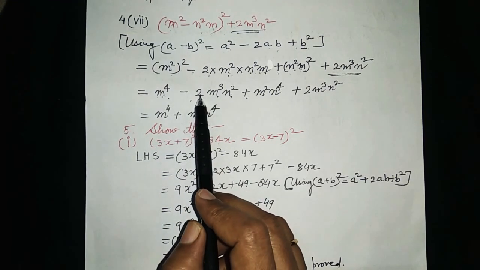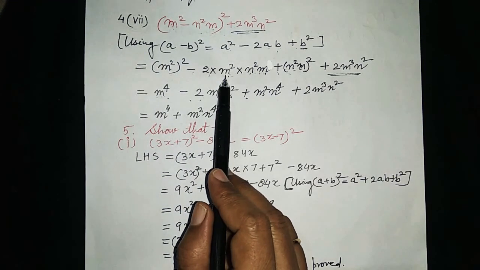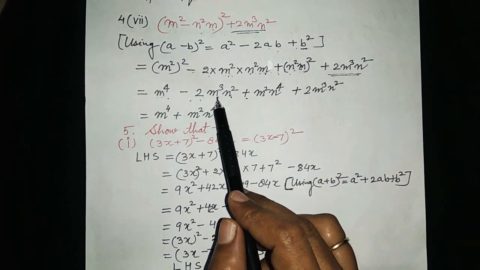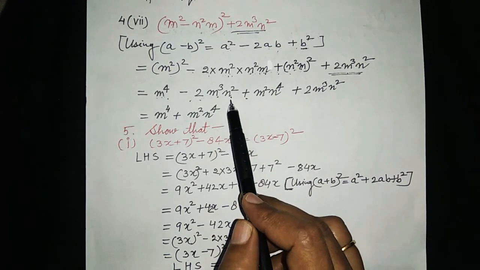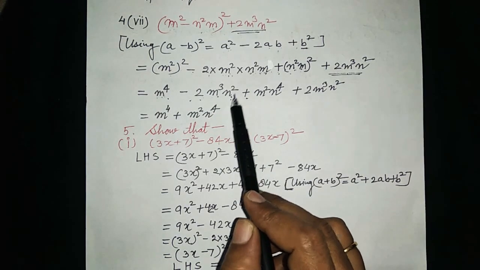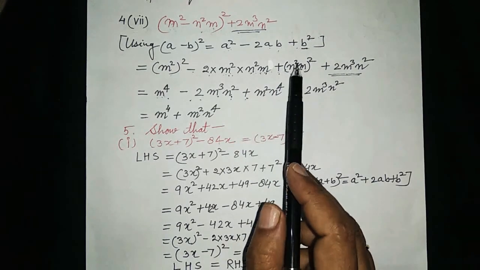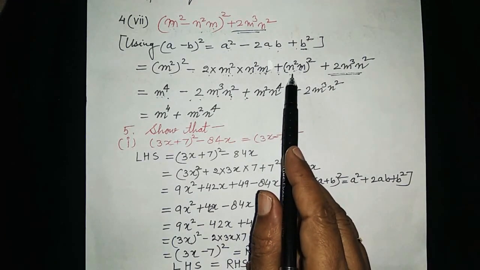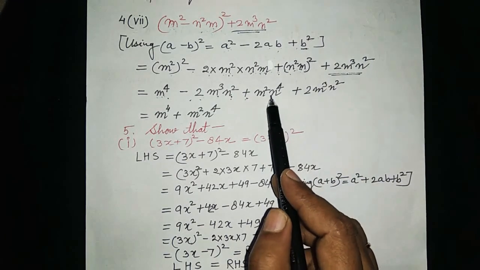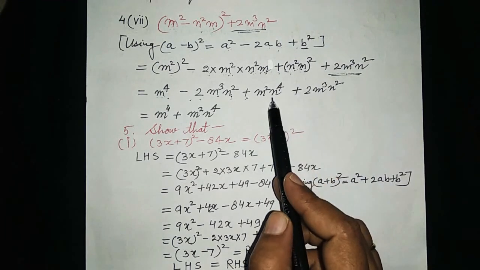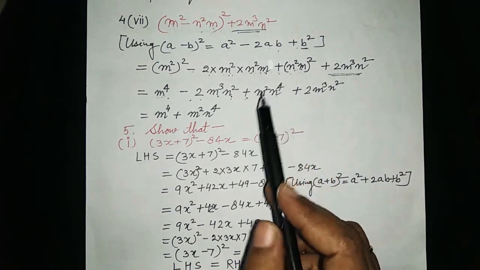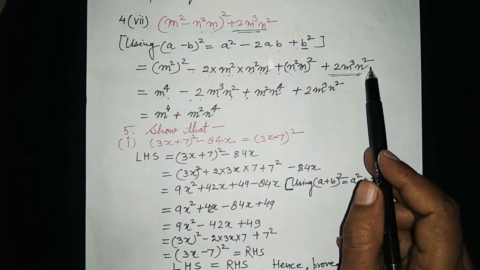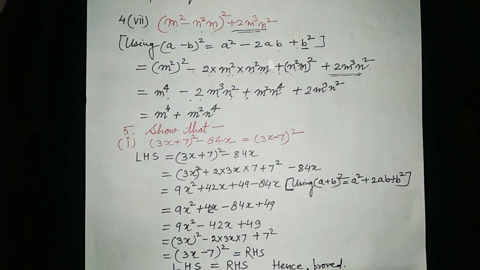This 2 we will write and here m square and m. If you multiply you will get m cube, and then this n square we will write. After this plus sign we will do the square of n square m. So here we will get n to the power 4, and then we will write this 2m cube n square after this plus sign.